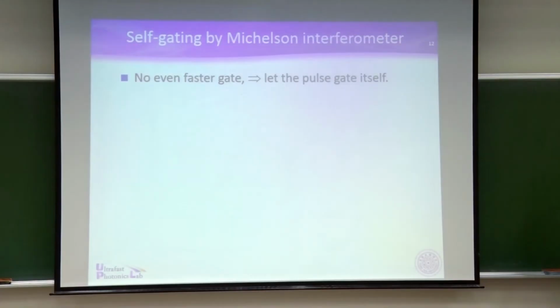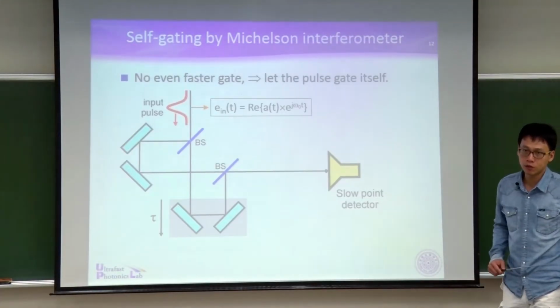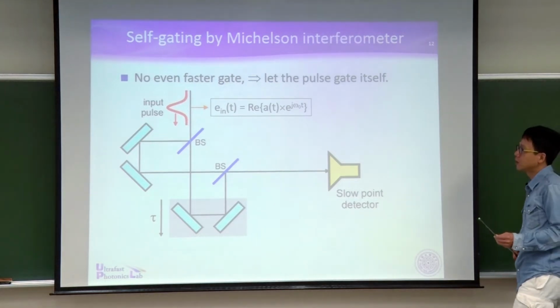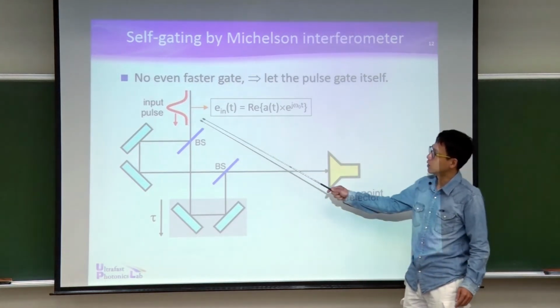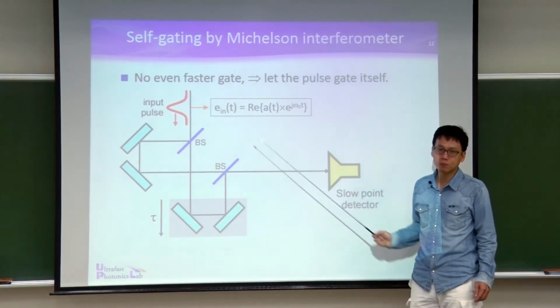In practice, this is not difficult because you can always build a Michelson interferometer to achieve this purpose. This is the schematic diagram of the Michelson interferometer. Say the red one is the input pulse. BS is the first beam splitter.